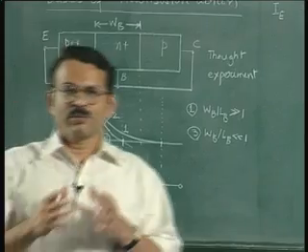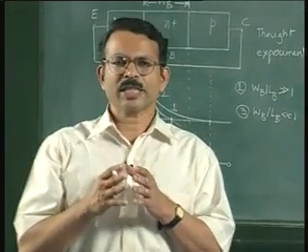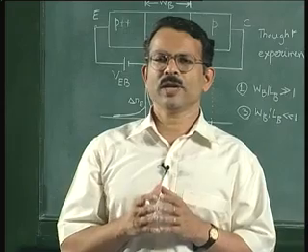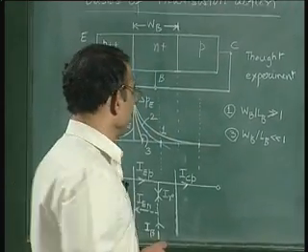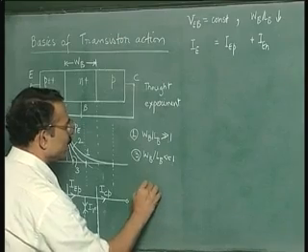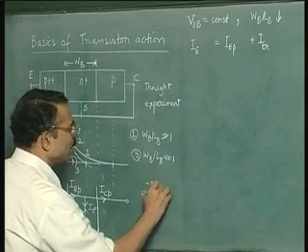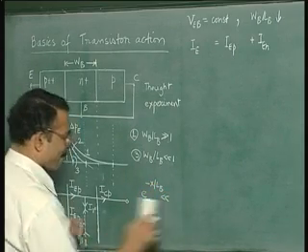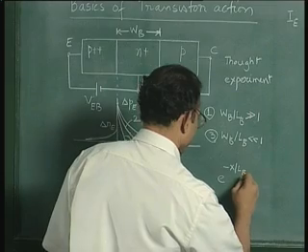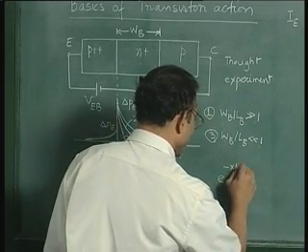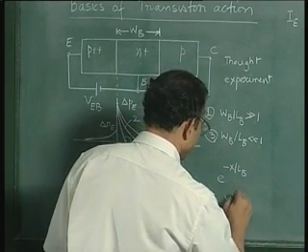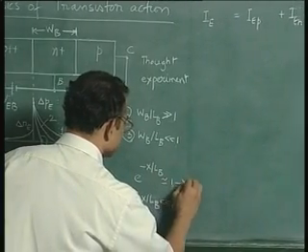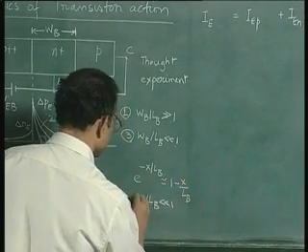So for x by LB much less than 1, exponential of minus x by LB can be approximated as 1 minus x by LB.